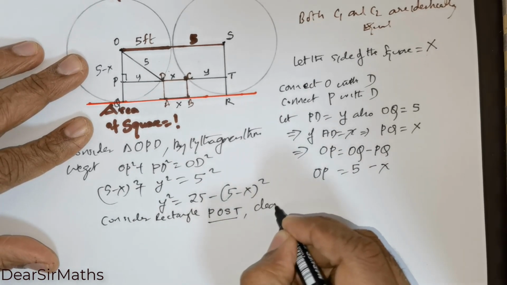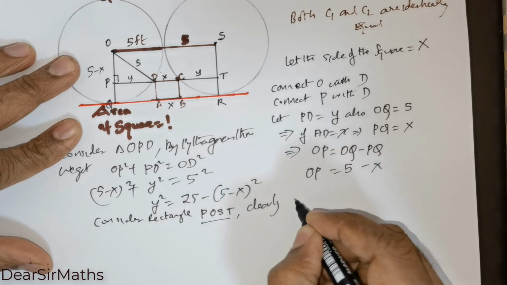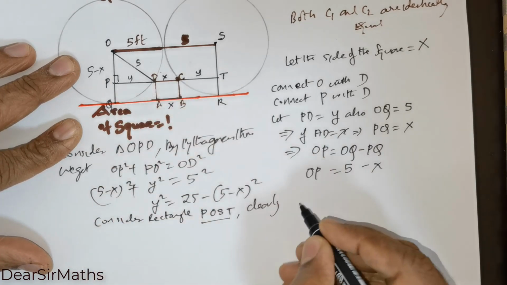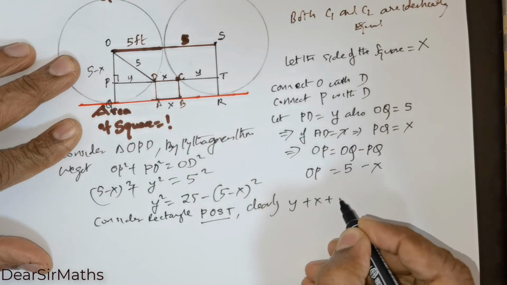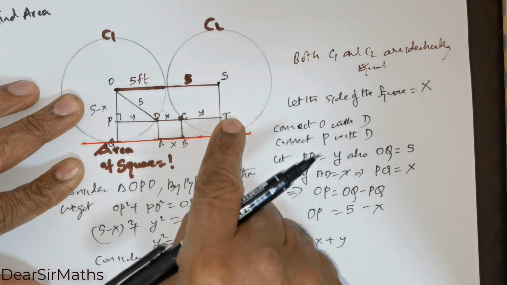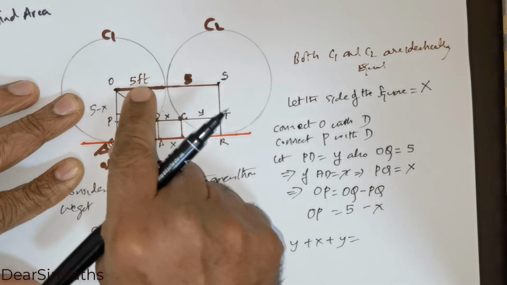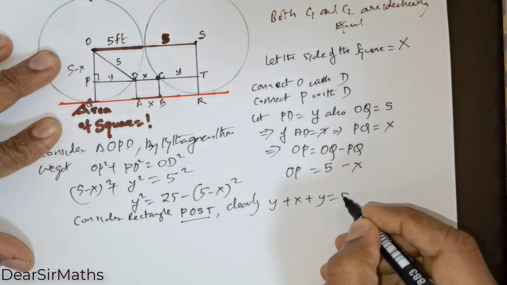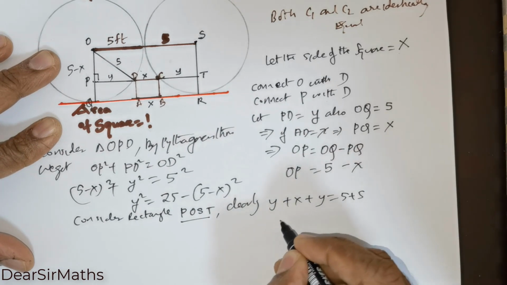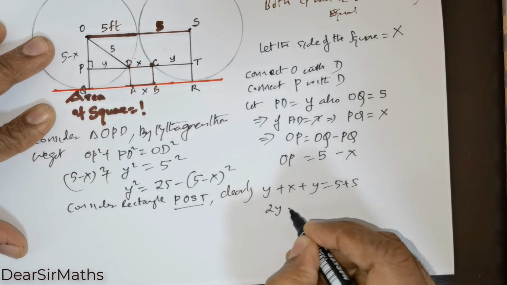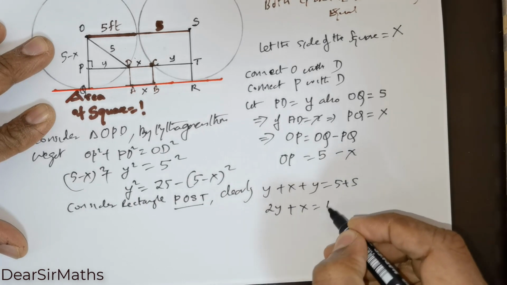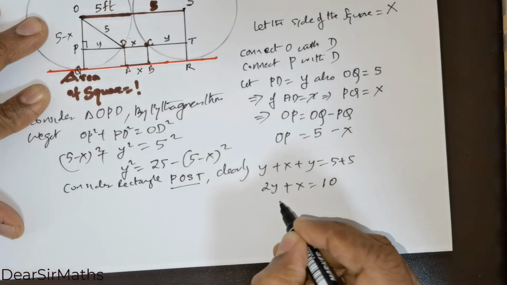And clearly, what do we get? Y plus X plus Y, this entire length is equal to this plus this, right? 5 plus 5. So you get 2 times Y plus X is equal to 10.